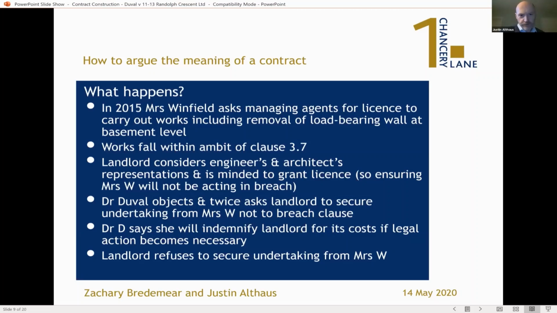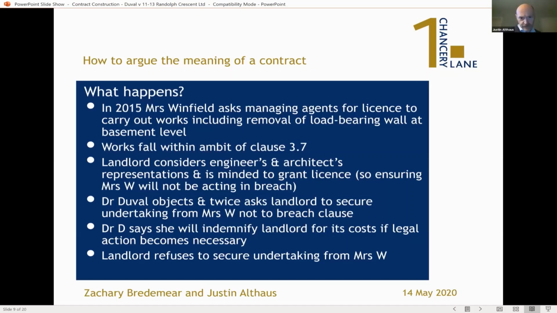However, the landlord has a look at the engineers and the architect's designs, and having seen them, is minded to grant a license because it's satisfied that it wouldn't compromise the structural integrity of the building as a whole. And of course, if it grants a license, it will then mean that Mrs. Winfield will not be acting in breach of clause 3.7. Effectively, any such breach would have been waived by the license.